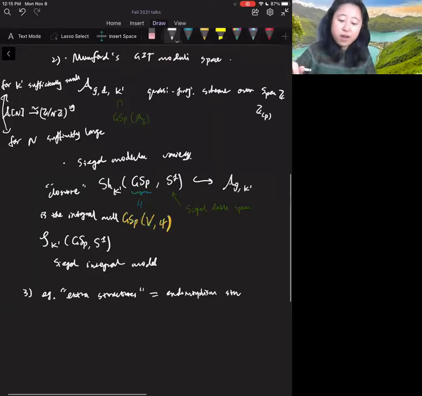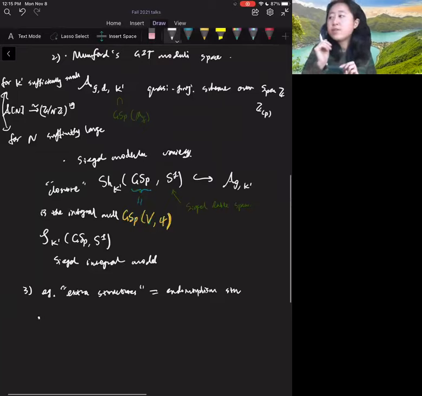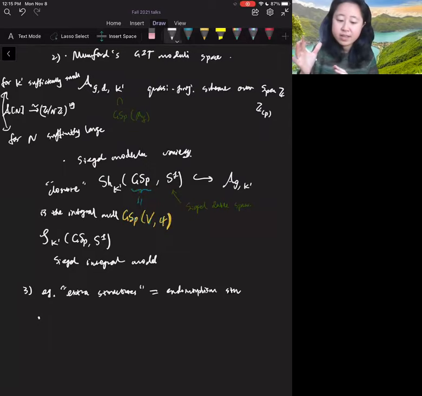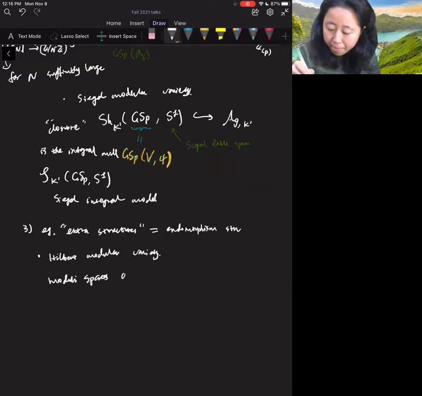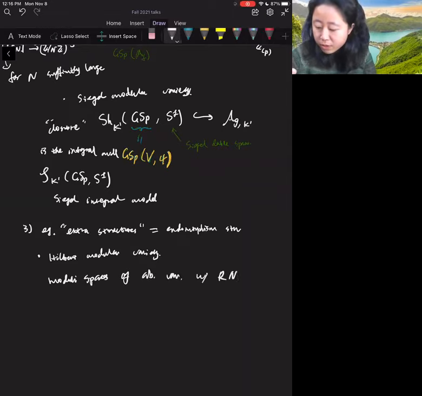Okay, so an example of a Shimura variety that's a moduli space of abelian varieties, well, with polarization and level structure, but that also has extra endomorphism structure, is that of a Hilbert modular variety. So these are moduli spaces of abelian varieties equipped with real multiplication.